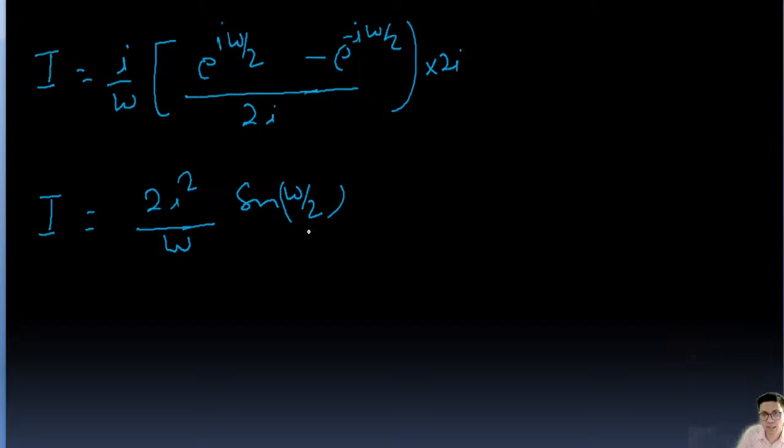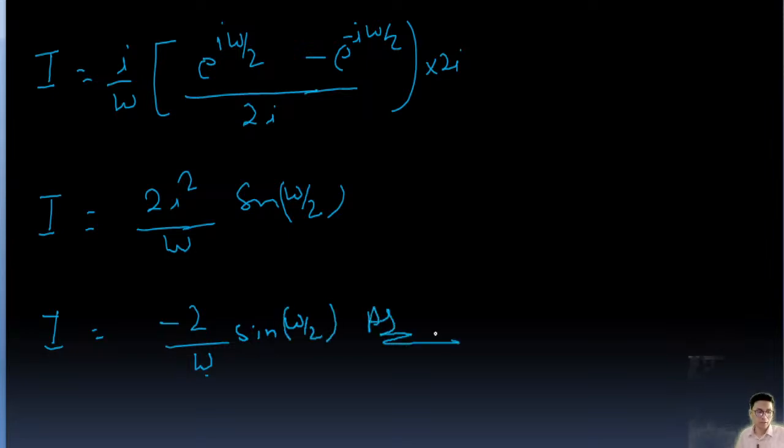So this is sine omega by 2. The i squared value is minus 1, so the result is minus 2 upon omega sine omega by 2. So this is the answer, guys.